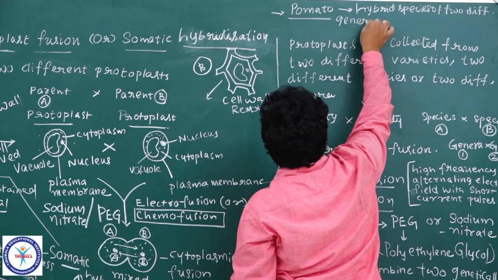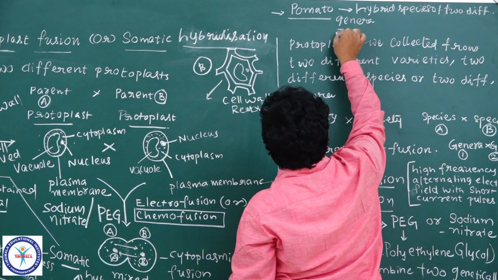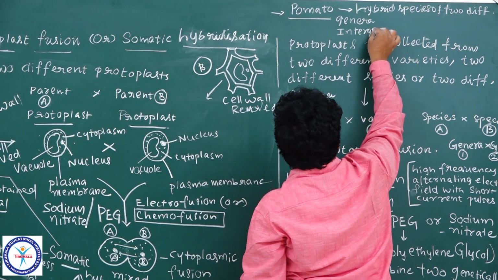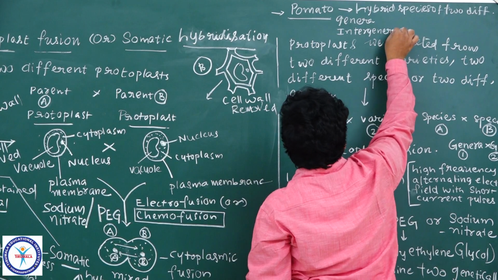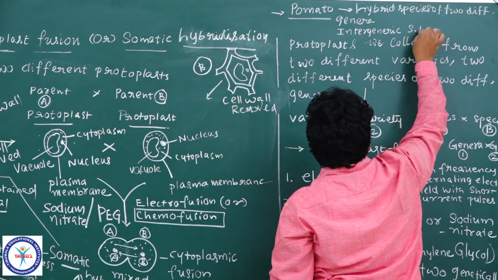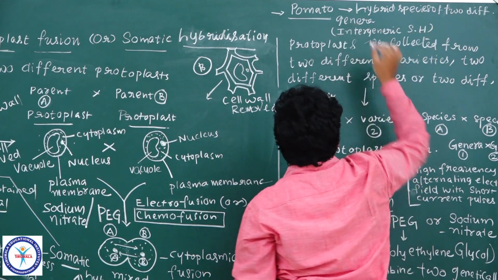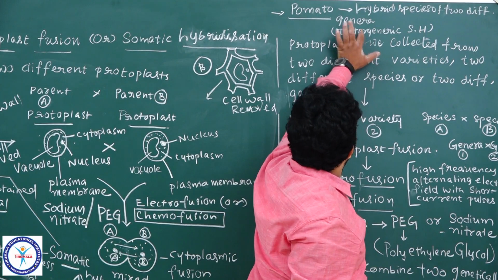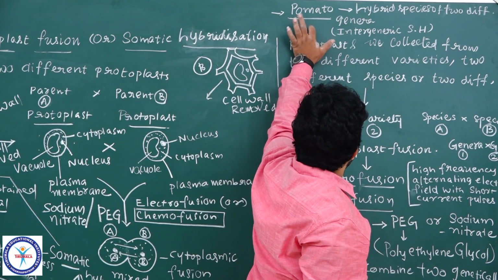So this particular hybridization is intergeneric somatic hybridization. Please remember, intergeneric somatic hybridization is the method they follow to produce pomato.